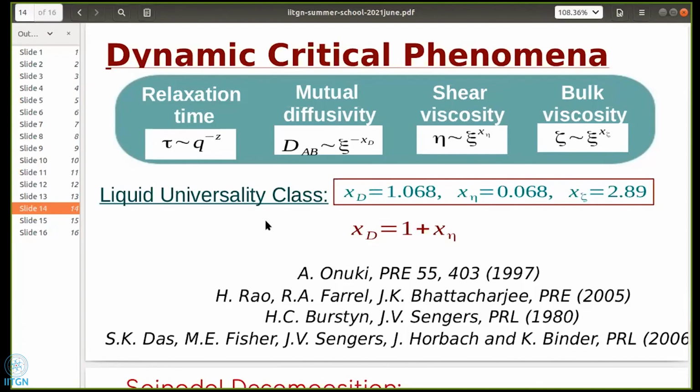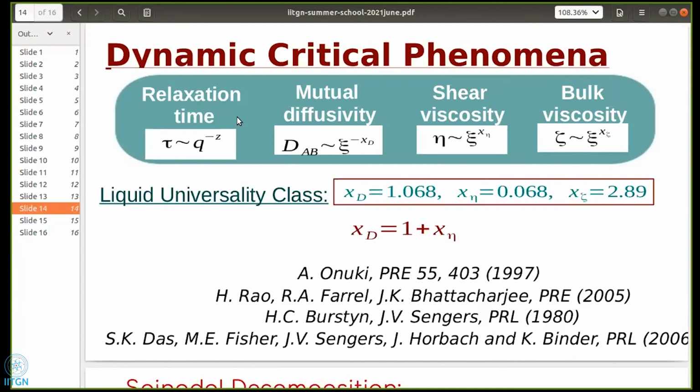The relaxation time becoming very large means that the dynamics of the system is getting very slow, which means that the diffusivity of the system is going to be very small close to the critical point, because the transport through the system is going to get very slow.